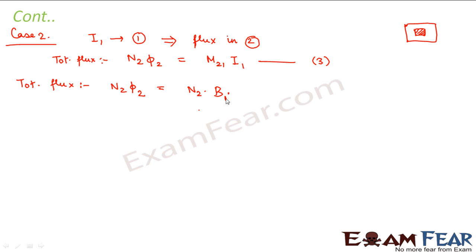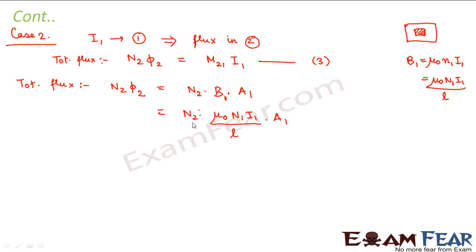So here we can write it as N2 into B1 into A1, right? So this can be written as N2 into the magnetic field by the inner coil, that will be mu naught. So what is the magnetic field by the inner coil? That is mu naught N1 I1 divided by L. So we can write it as mu naught N1 I1 divided by L into A1.